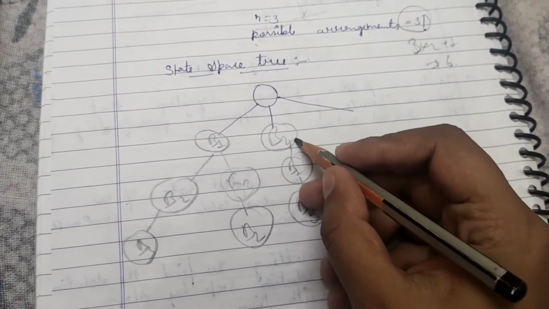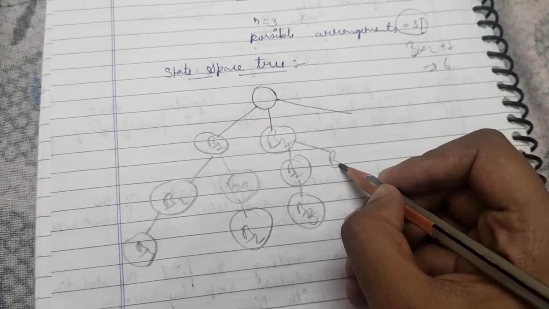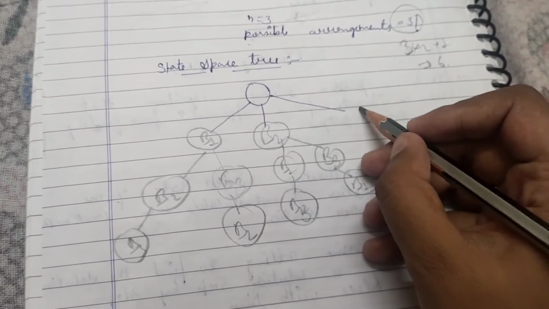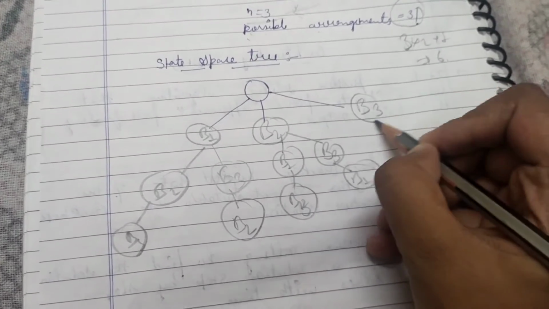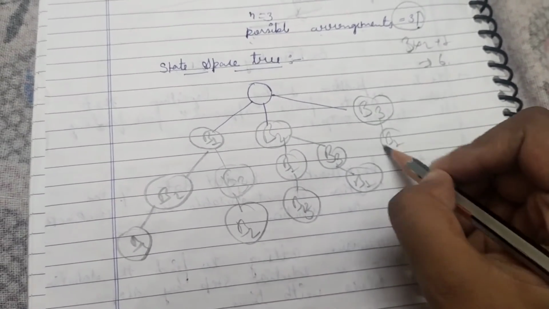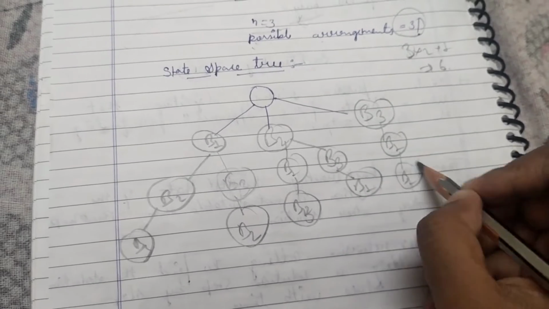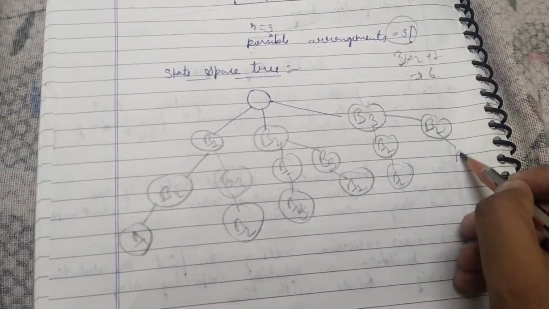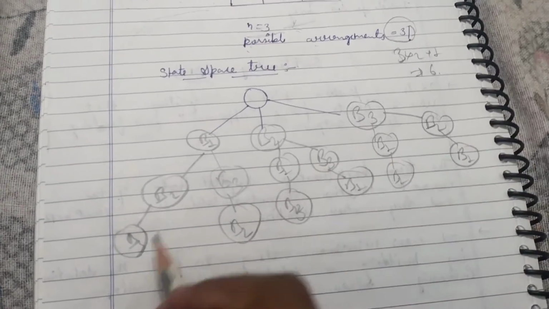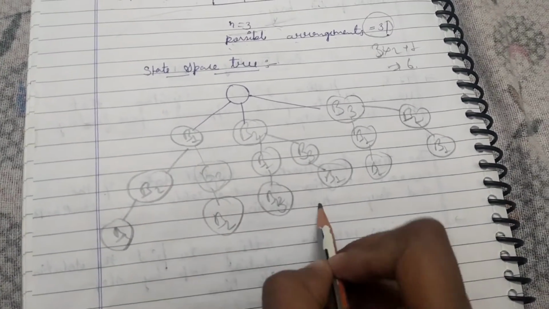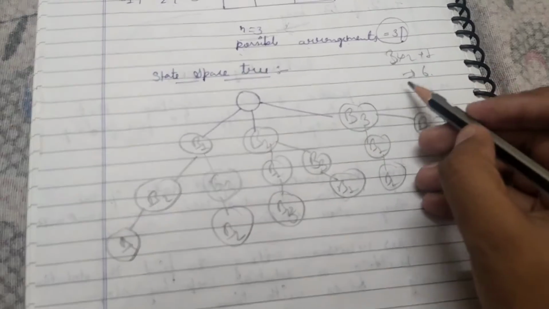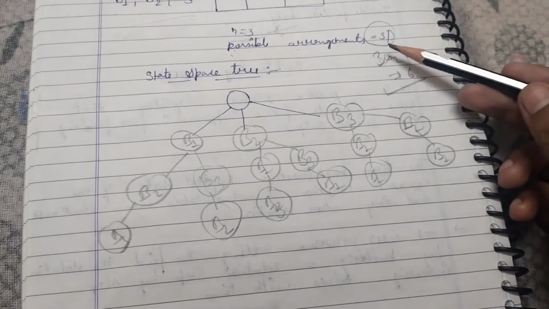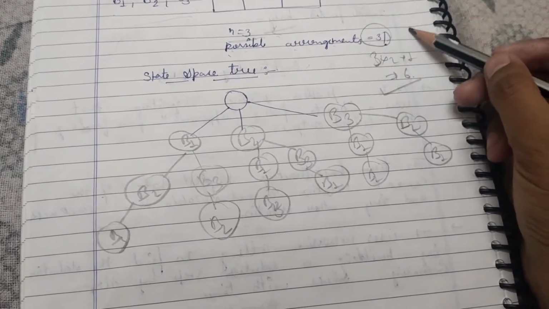Or we can take B2, B3 and B1 as well. And suppose I take B3 at first, then B1 and B2, or it can also happen as B3, B2 and B1. So all the possible outcomes are 1, 2, 3, 4, 5 and 6, which we get from this formula. All the possible arrangements are 3 factorial, the number of participants factorial.